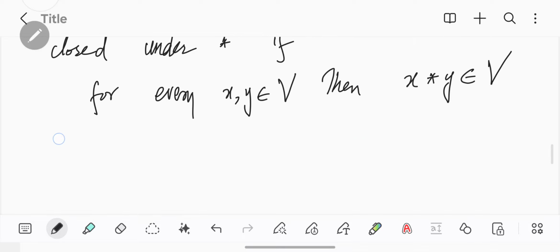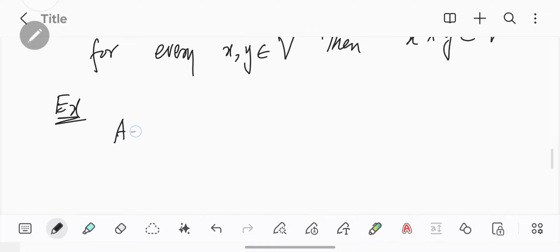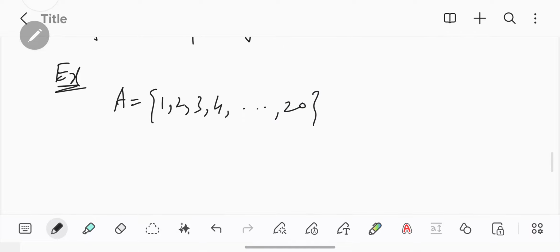Here are some examples. This is the set, right? Can I say that A is closed under plus? You can define an operation addition on it, it's up to you.